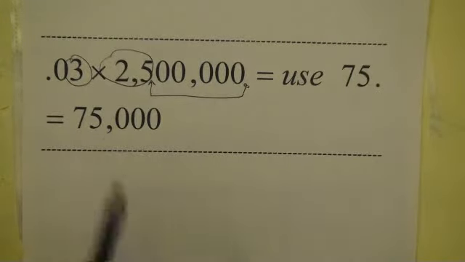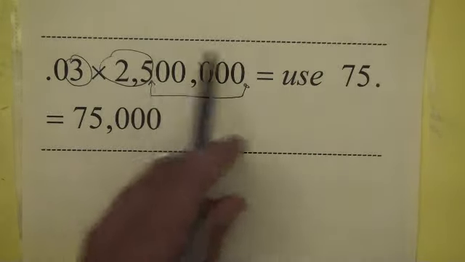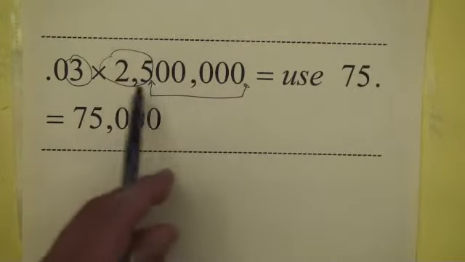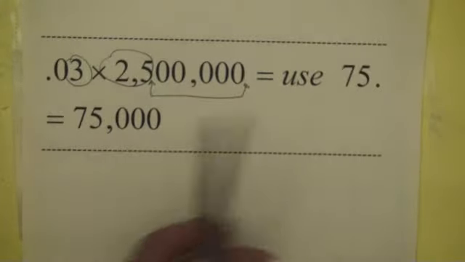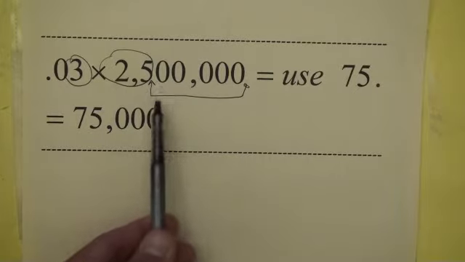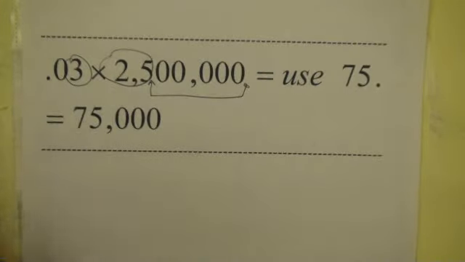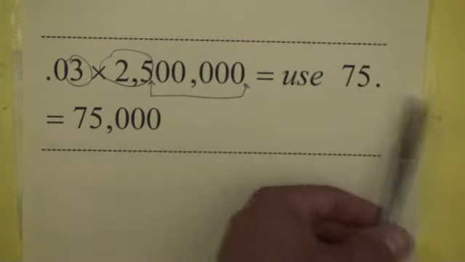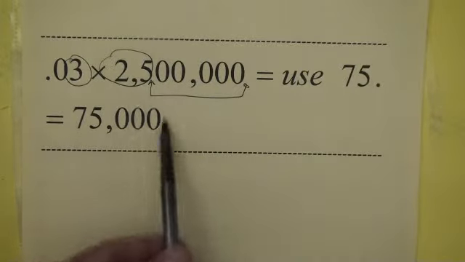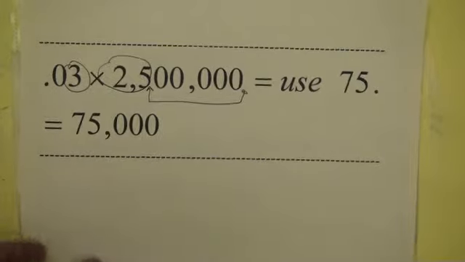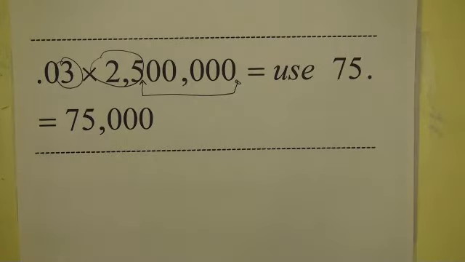So therefore we have 5 digits to account for, not 6, but 5, because there was 5 after the 25. So 75, the 2.5 million wants us to move it 5 to the right. The 3 100ths wants us to move it 2 to the left. So therefore 75, 5 to the right, 2 to the left gives us 3 more zeros, so therefore 75,000. So there you have it, multiplying decimals and powers of 10.